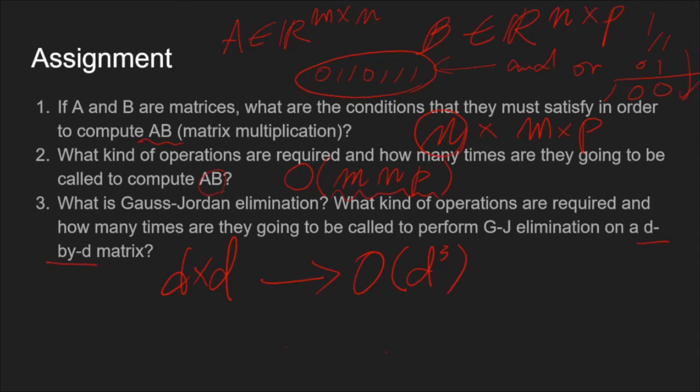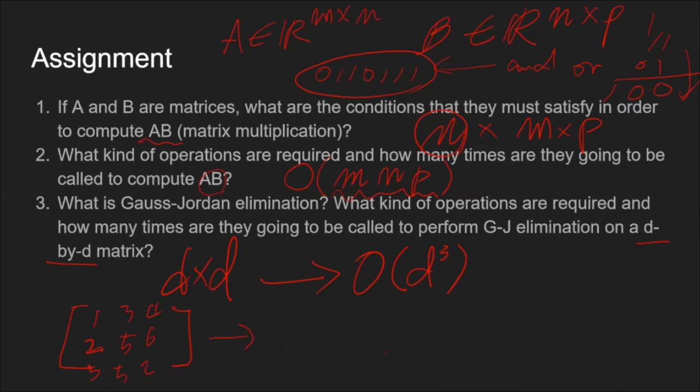Now, the reason for that, simply speaking, for those of you who know what Gauss-Jordan elimination is, you have, let's say, some arbitrary matrix. 1, 3, 4. I don't know if this is singular or not, but I'm just going to throw out some numbers here because it doesn't matter.